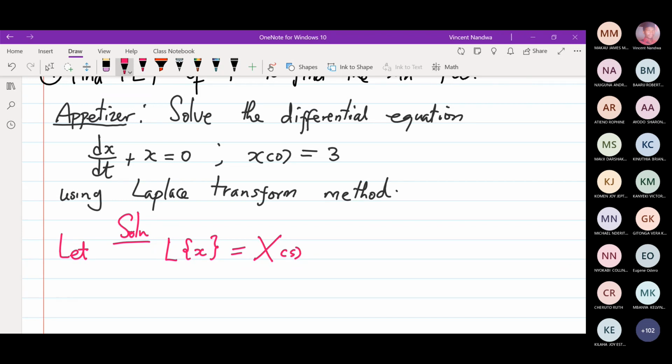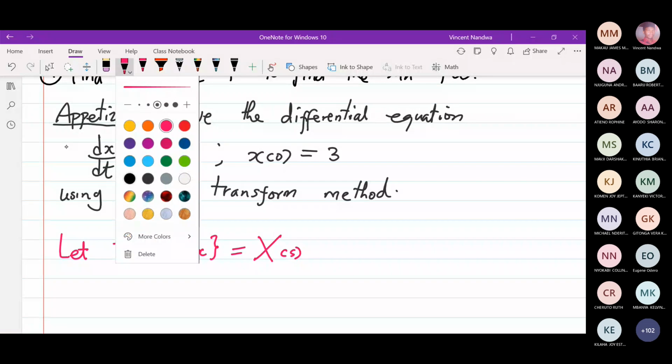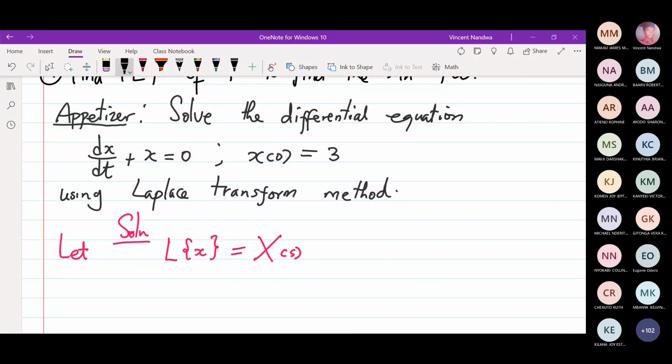So I've done the first step. And step 2 of the method is the next step. We put the Laplace transform operator on the differential equation. Correct. So apply Laplace operator on each side of the equation.